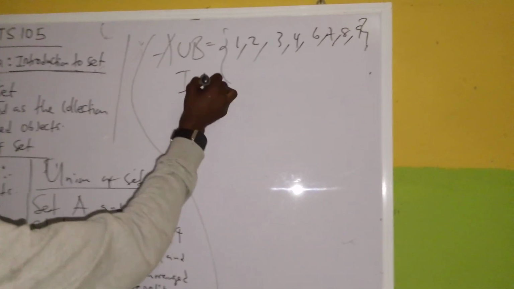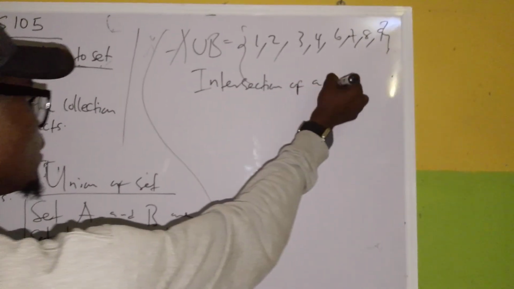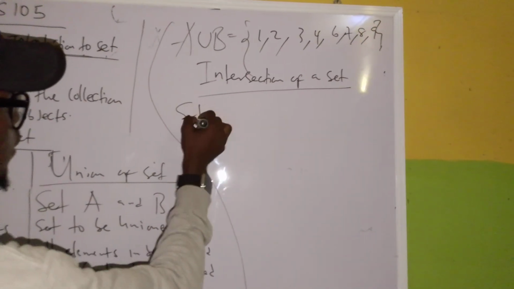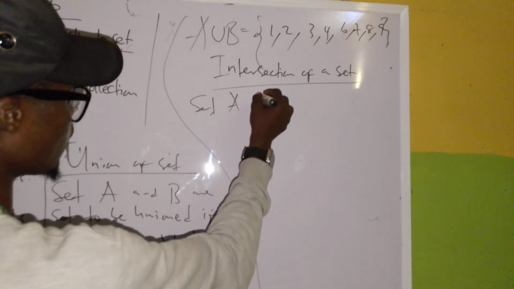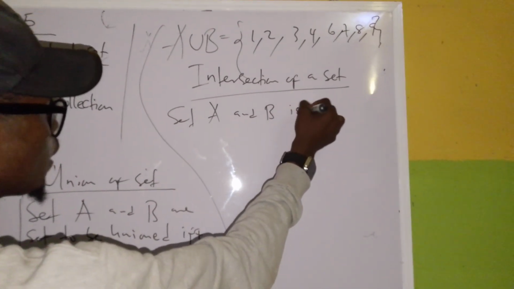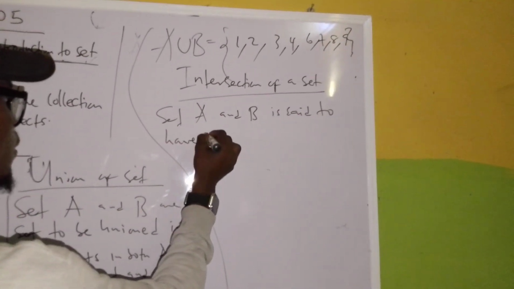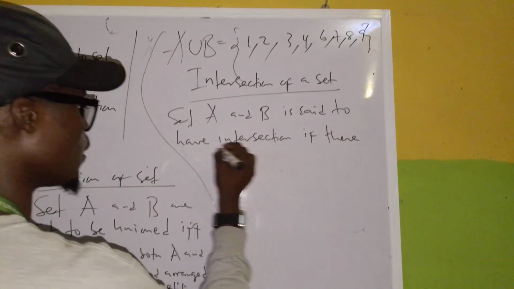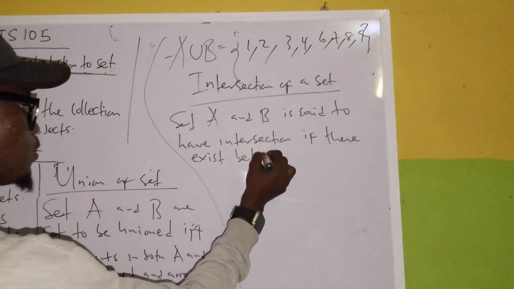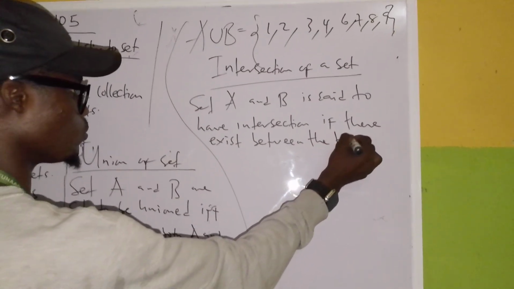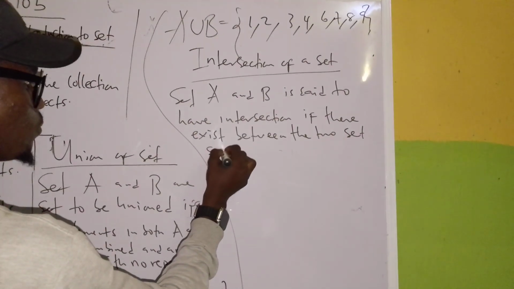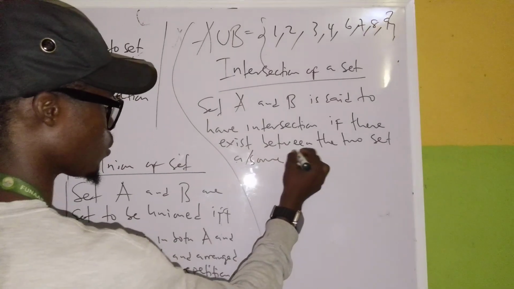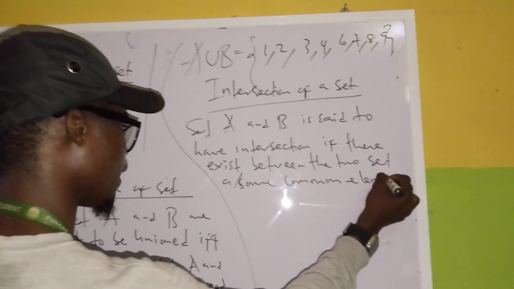So, intersection of a set. Sets A and B are said to have an intersection if there exists between the two sets some common elements.